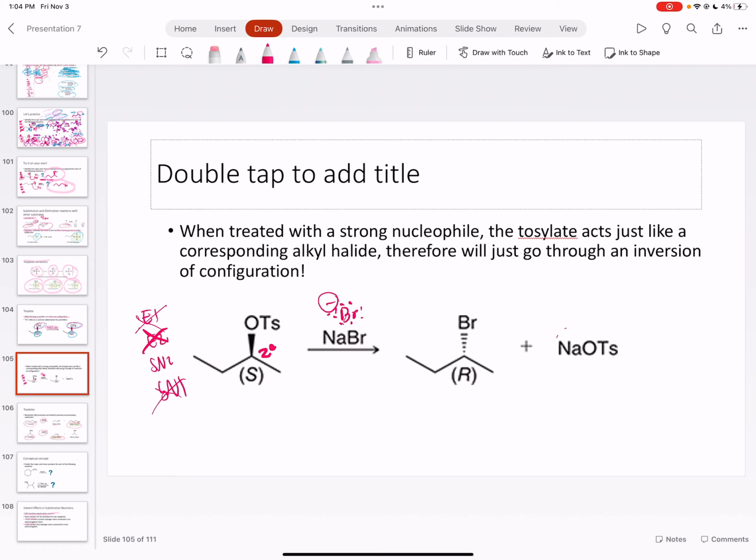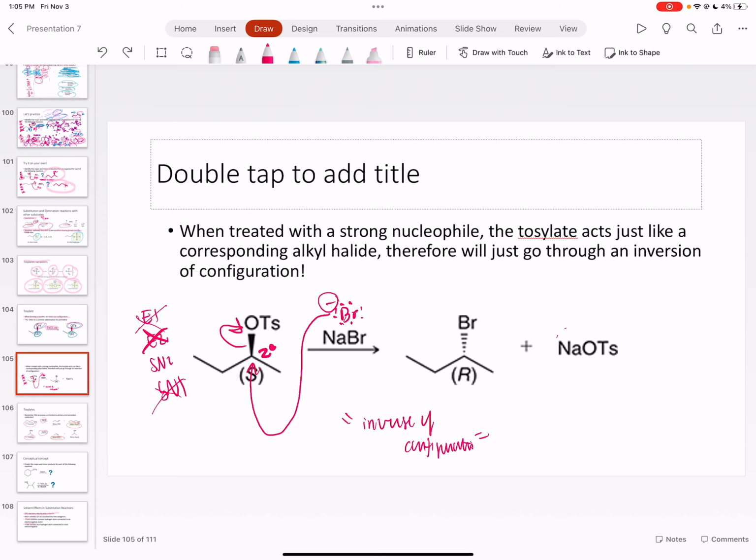SN2s normally start with a nucleophilic attack first, causing a loss of a leaving group. And remember, with SN2s, we have inversion of configuration. That's why we didn't place it on a wedge. Instead, it's on a dash.